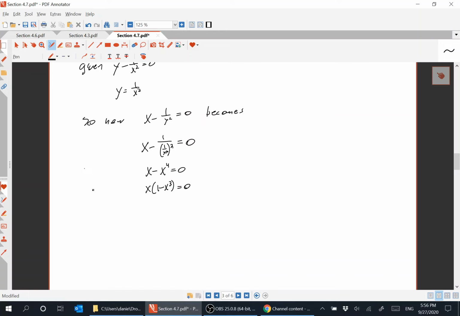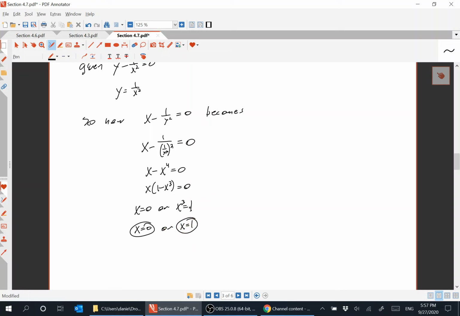And what are the solutions here to this polynomial equation? So this tells me that x is equal to 0, or x to the third is equal to 1. So this gives me x equal to 0, or x equal to 1.